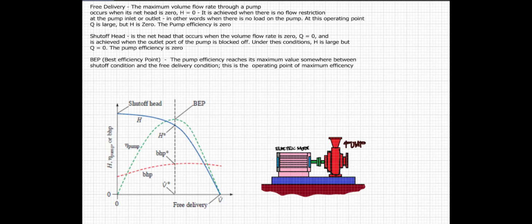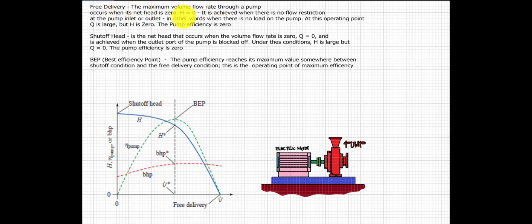Before we proceed to another sample problem, I would like to discuss the contents of our pump characteristic curve. So, we have this one, free delivery. It is defined as the maximum flow rate through a pump, which occurs when its net head is zero.